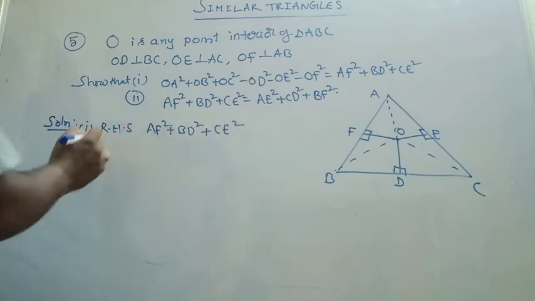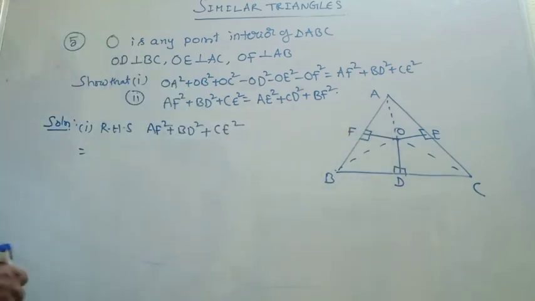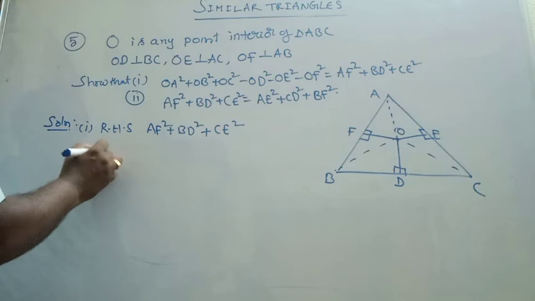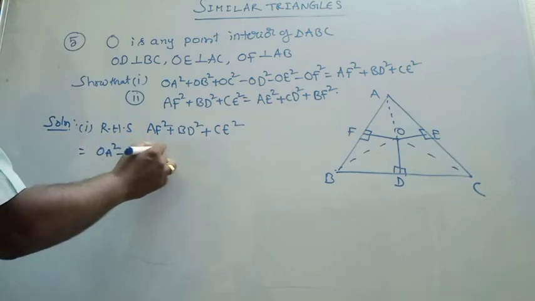AOF is a right angle triangle. AF square is equal to OA square minus OF square, like this, plus BD square.